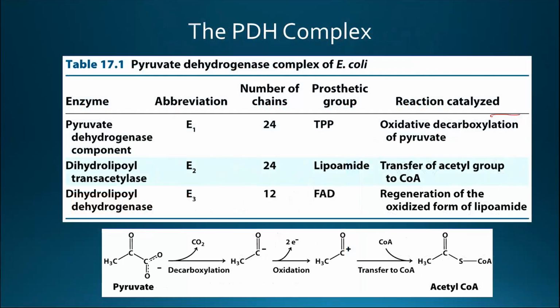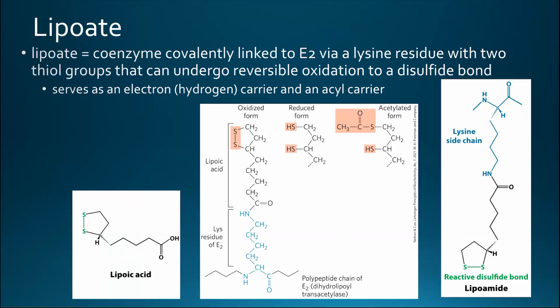The lipoic acid, or the conjugate base of that, lipoate, is a coenzyme. Here's the lipoic acid on the left, and it is bonded in a condensation reaction to make an amide with the side chain of a lysine on the E2 enzymes.